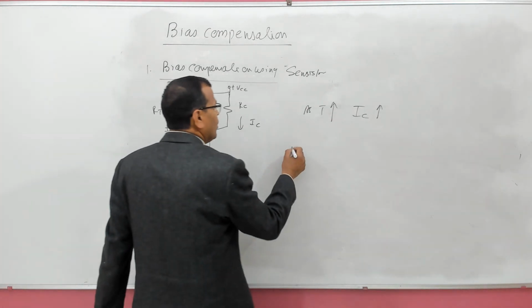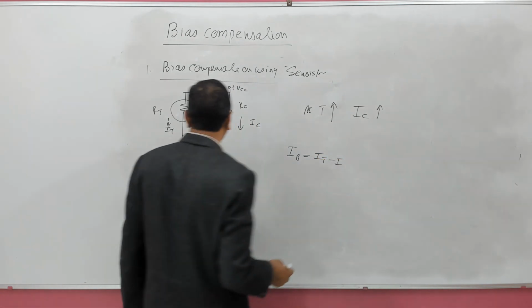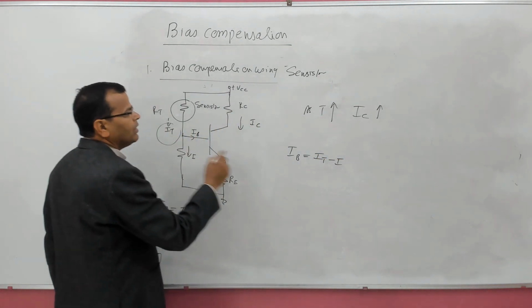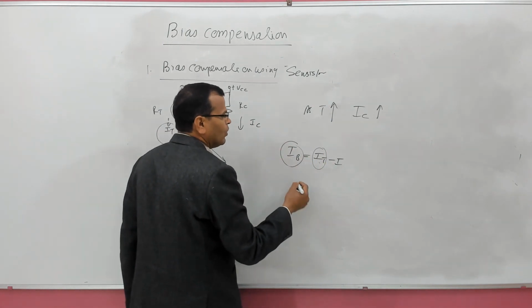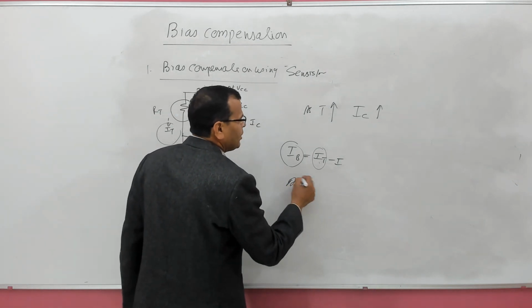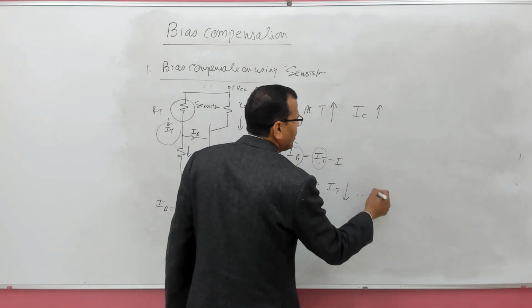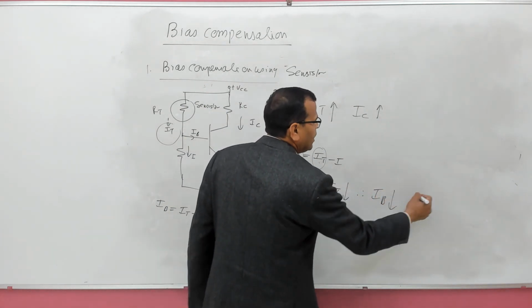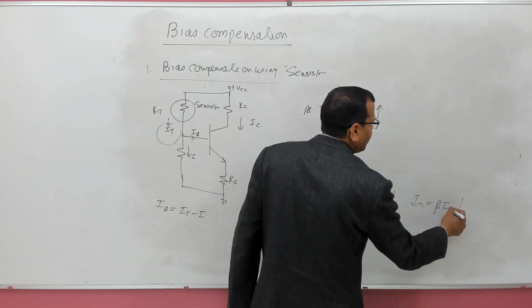And we know what base current is. Base current is IT minus I. So, when IT reduces, base current will reduce. So, as temperature increases, current IT will decrease, therefore base current will decrease, and we know IC is beta into IB, that will decrease.